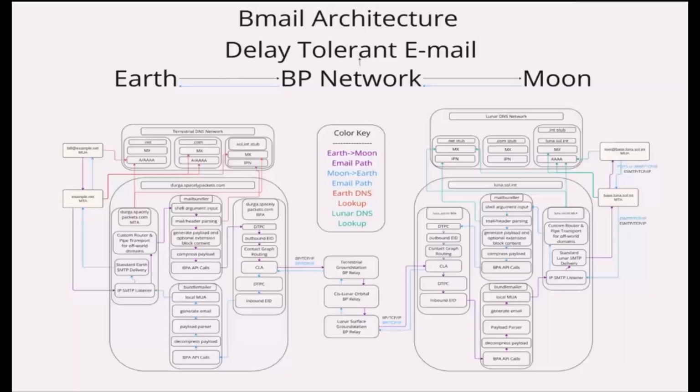And so we would put a moratorium on A and AAAA records representing IPv4 and IPv6 networks, respectively, for those domains which represent off-world assets. So anything on the moon would be an off-world asset to Earth, and anything on Earth would be an off-world asset on the moon.